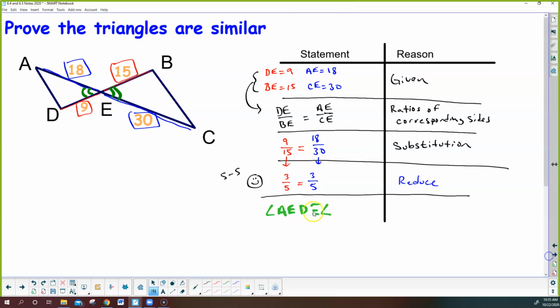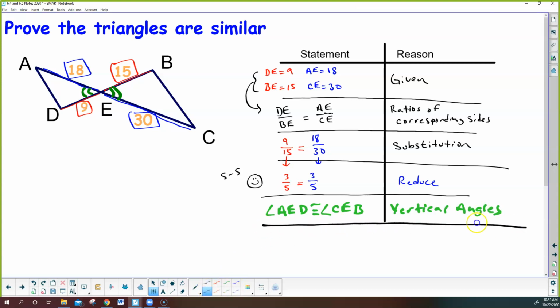Now angles are always congruent when we write these, so use your congruent symbol, CEB. So there's my two sides and the angle that's right in between them.